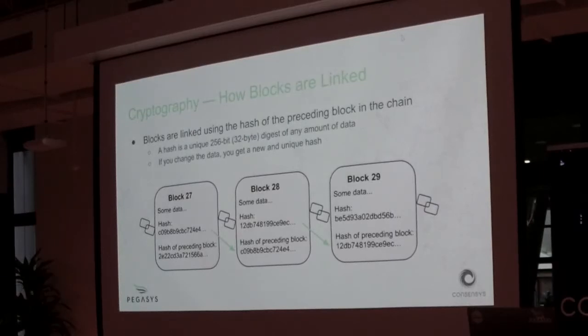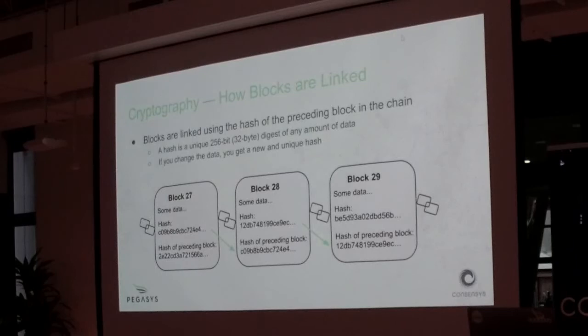That's a fairly important concept, because we use it in the linking of our blocks, where each block is linked using the hash of the preceding block. In our example, looking at block 28, it has a hash, and it also contains a hash of the preceding block, and that creates the link. So we can always trace our way back through the blocks in the blockchain.